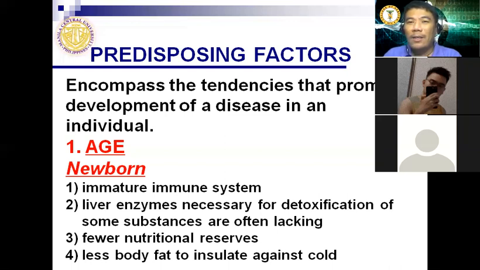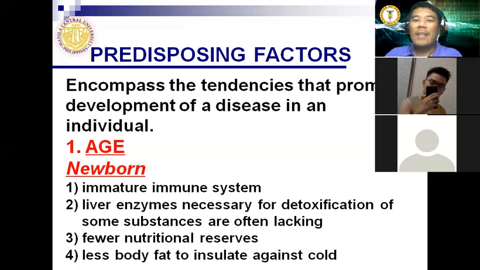Okay, you may answer it. Why are newborns at risk of liver damage when given broad spectrum antibiotics or high levels of antibiotics? Why are newborns advised to have breastfeeding for the first 2 years of age?